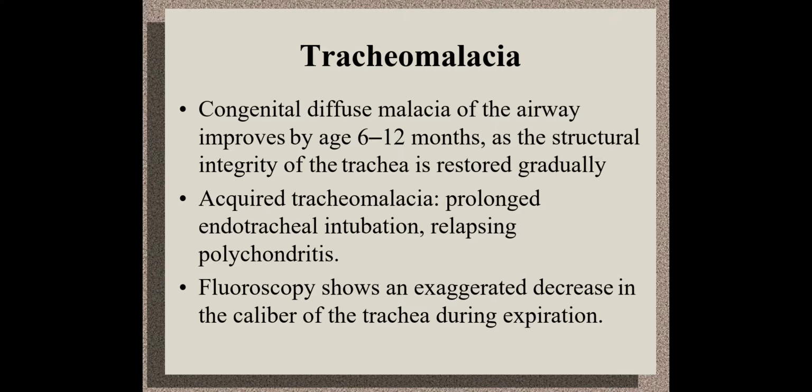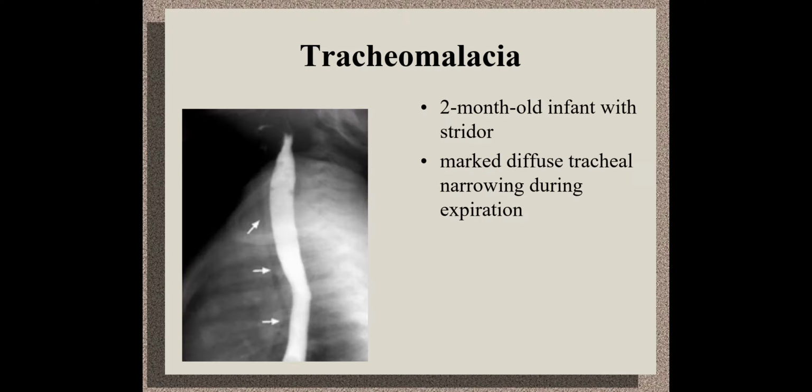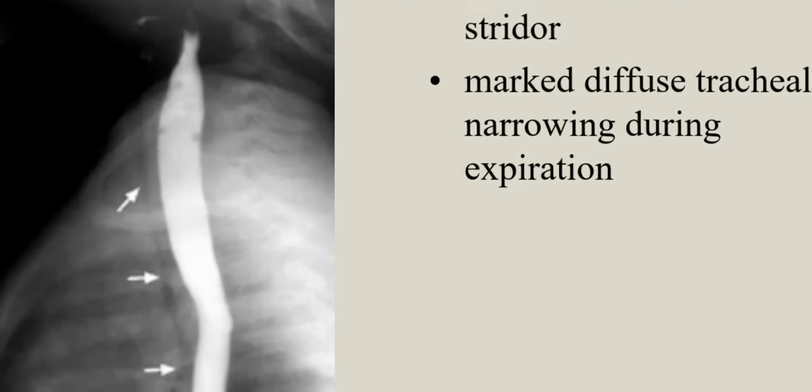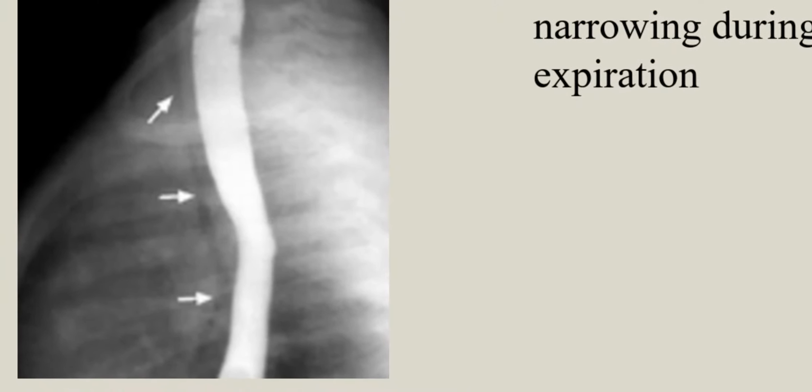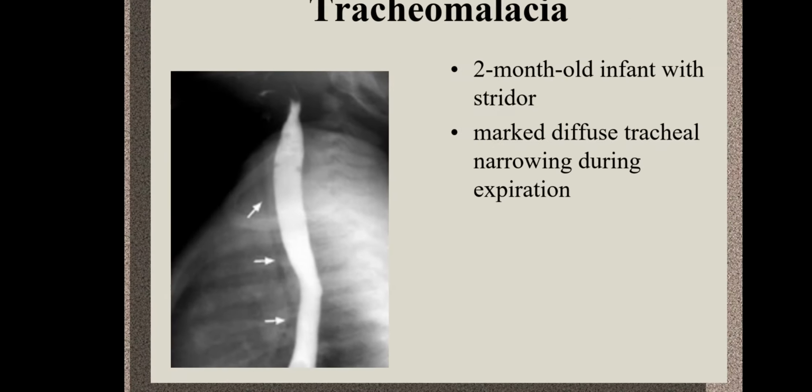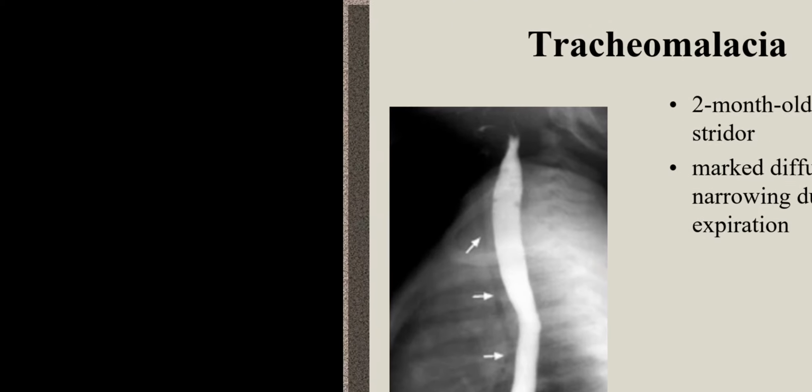Fluoroscopy shows an exaggerated decrease in the caliber of the trachea during expiration. In this X-ray, you can see how the trachea appears in case of tracheomalacia. This is a 2-month-old infant with stridor, marked diffuse tracheal narrowing during expiration.